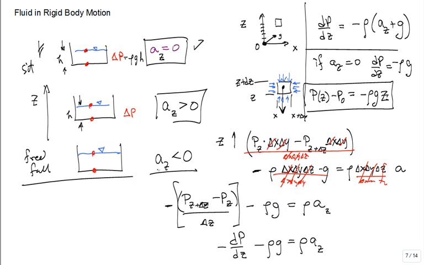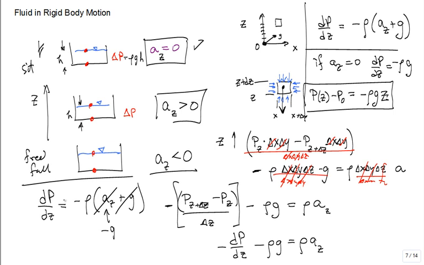So when I come over to this equation, dp dz, the change in pressure with depth, equals minus rho times a sub z plus g. And if a sub z is negative g, guess what? The pressure difference is 0. The pressure is the same at the top and the bottom in my cup of water as I'm free falling. True?